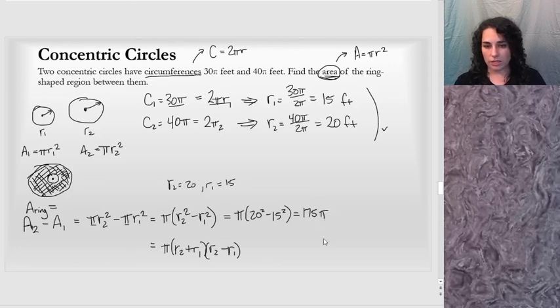And just to have a decimal, A ring equals, I'm going to multiply that times pi. 549.78 feet squared, right? We have 20 feet squared and 15 feet squared, which results in feet squared.